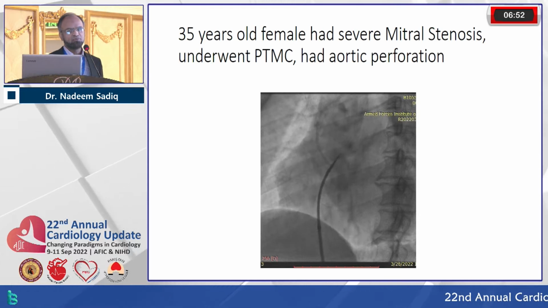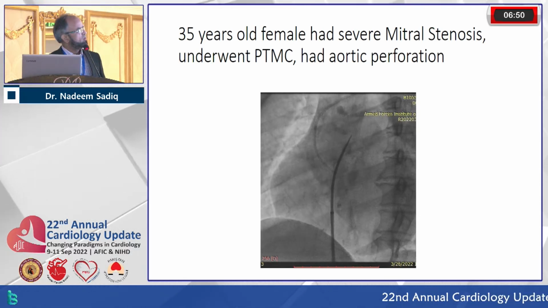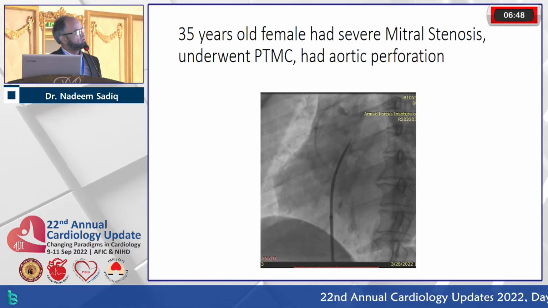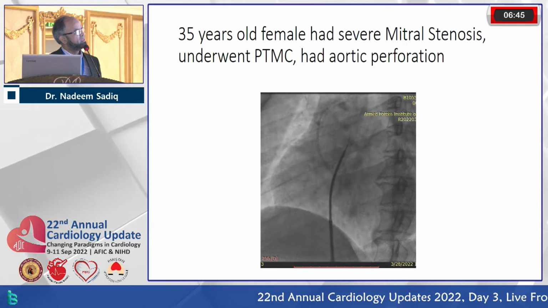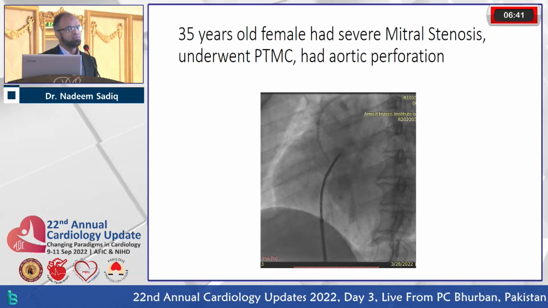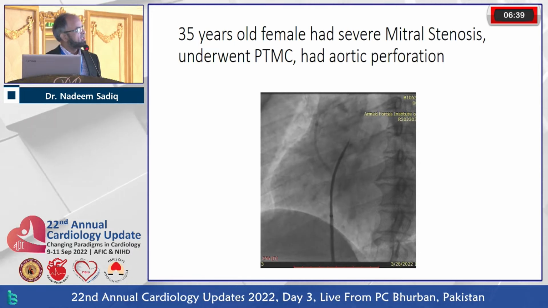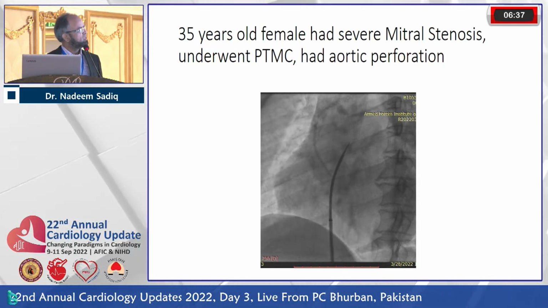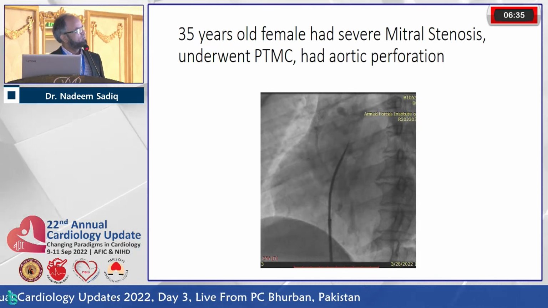My next patient, 35 years old female, had severe mitral valve stenosis. She underwent PTMC, and during transseptal puncture, the needle perforated the aorta. Then the needle was removed, making arteriovenous loop.